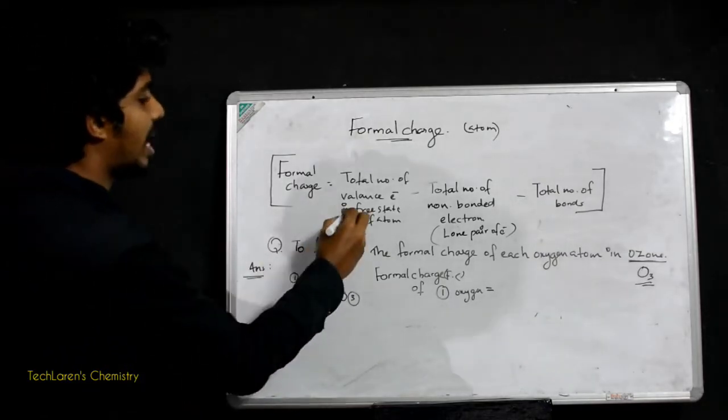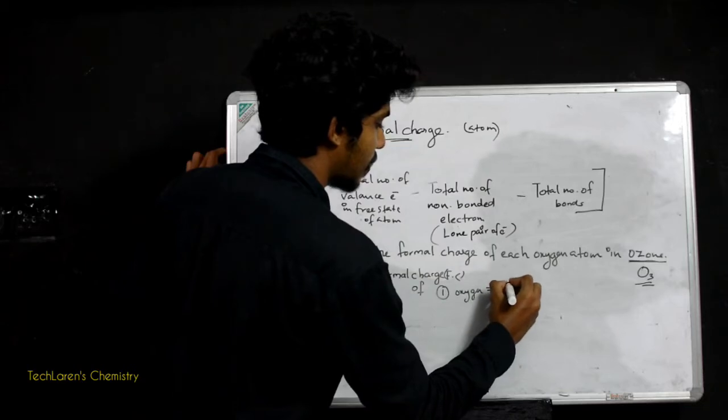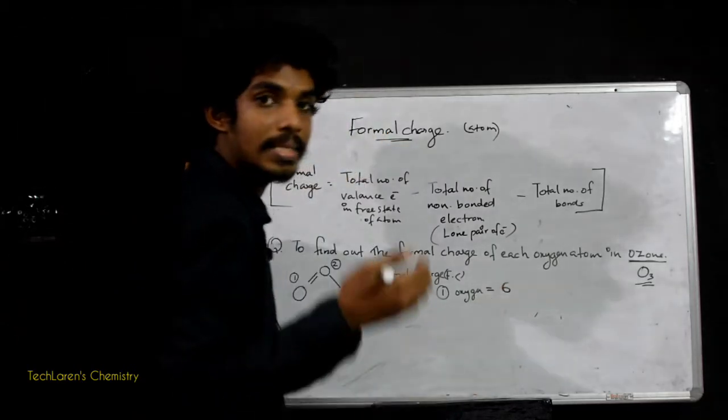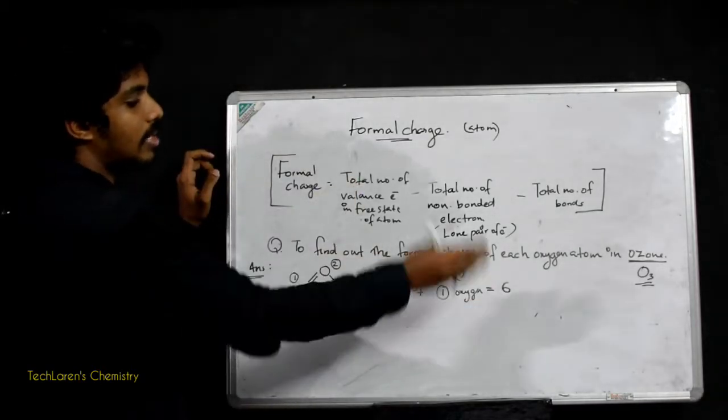The total number of valence electrons in the free state of an oxygen atom is 6, because it is a 16th group element.